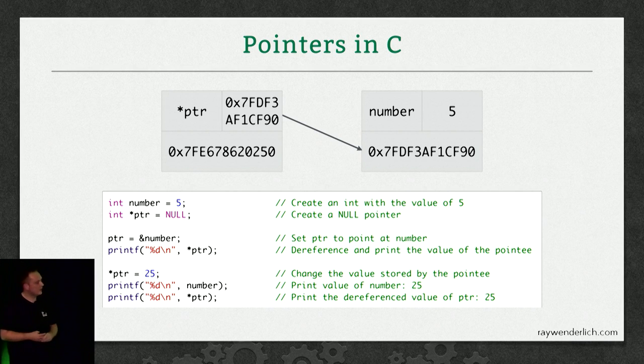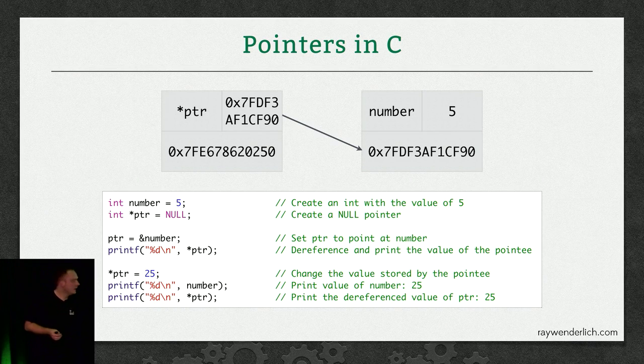So we've got an example here of some C code for anybody that's not familiar with C. We set up our number, which is an int, and we set that to 5, and then we set up a pointer. We set that to null, so we've got our null pointer. We then use the ampersand to say we want our pointer to point to the memory address of number.